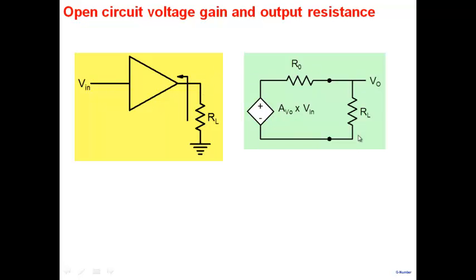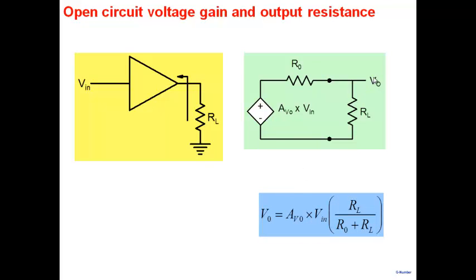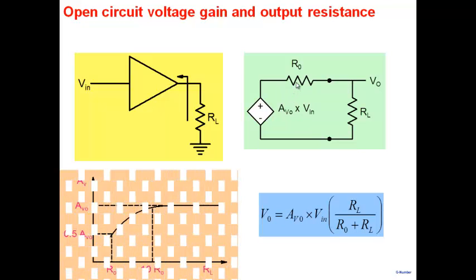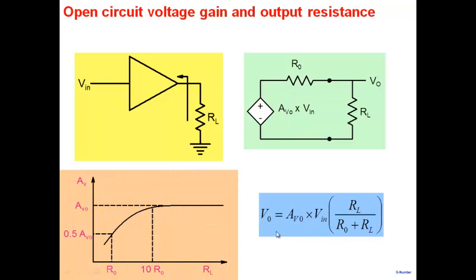Now we can connect an external load resistor RL here, and then one can easily write down that the voltage gain V0 by Vin will be equal to AV0, or V0 will be equal to AV0 Vin, RL by R0 plus RL here. So you can see there's a drop taking place across this one, and therefore it tells us, you know, if I take this V0 by Vin and I plot it, I will get this particular graph. Okay, so you explain this particular characteristics of gain dropping with respect to RL through this particular model here.